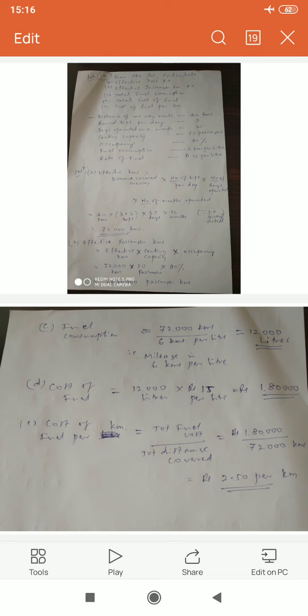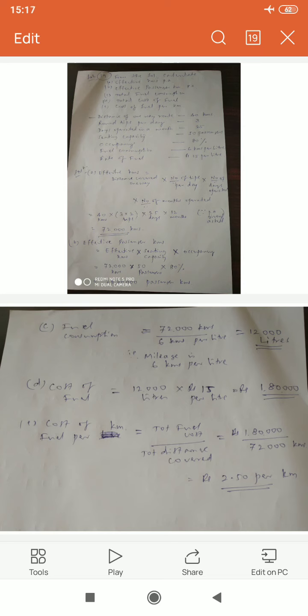Therefore, though days operated in a month is 25 it needs to be multiplied by 12 months. Why 12 months? Because you have been asked to ascertain it annually or on an annual basis. Therefore, distance covered one way into number of trips per day into number of days operated into number of months operated, all these are to be multiplied.